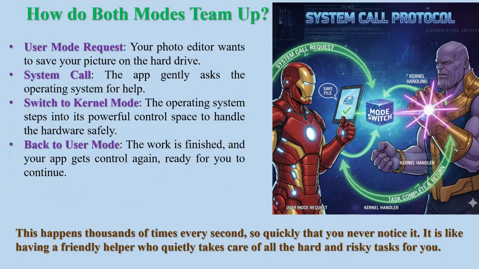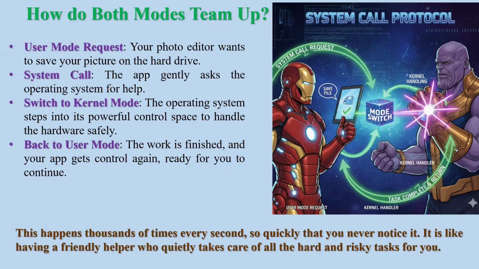Now imagine a simple action like saving a photo. A student edits a photo for a college event poster. The photo editor wants to save the file on the disk. The application itself cannot touch the hard drive directly. So what does it do? It politely makes a system call. This is like submitting a request at a government office.